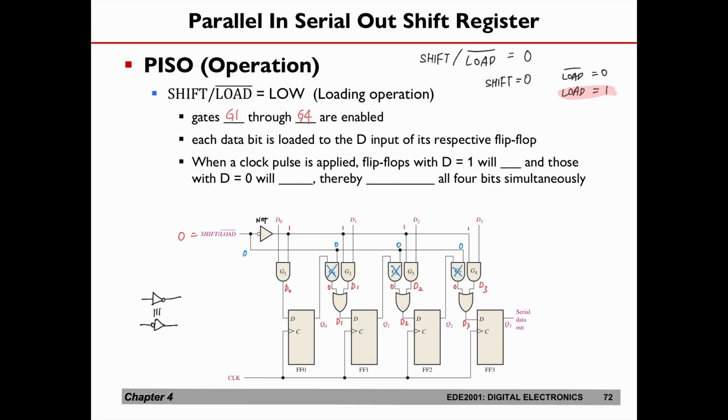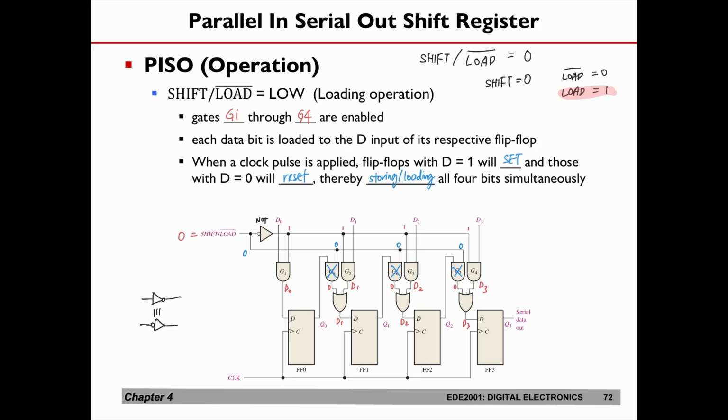So when a clock pulse is applied, at the rising edge, the flip-flops with D equal to 1 will set, or become 1, and those with D equal to 0 will reset. That means the output becomes a 0. So what you are doing here is actually loading or storing all 4 bits simultaneously. Now I have completed the loading operation.